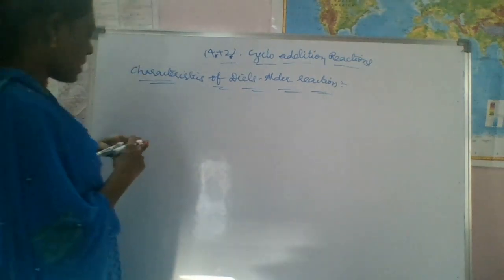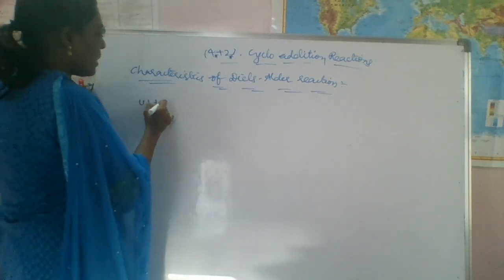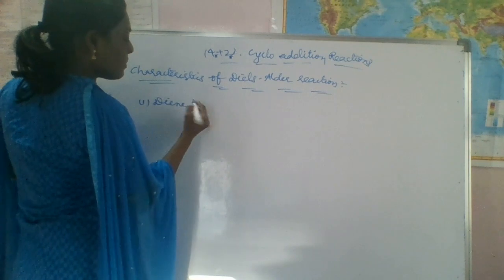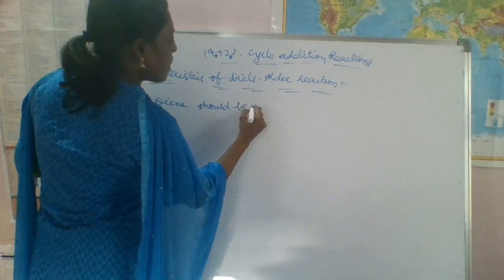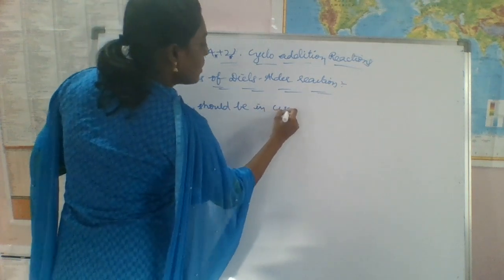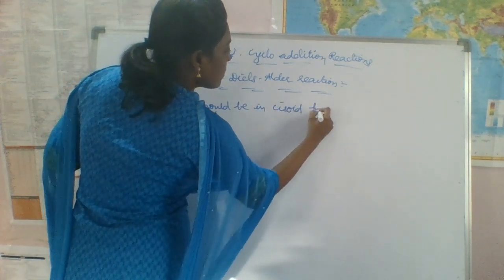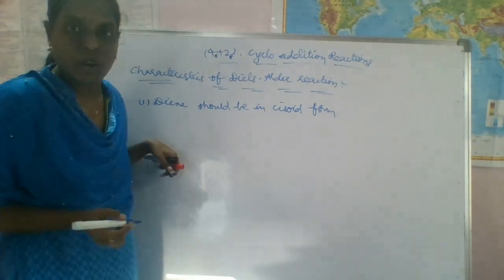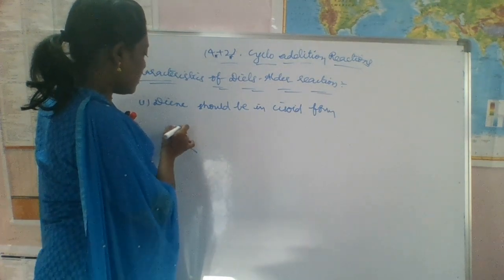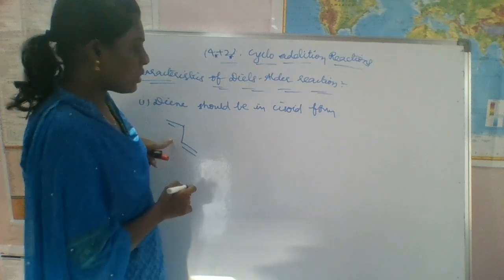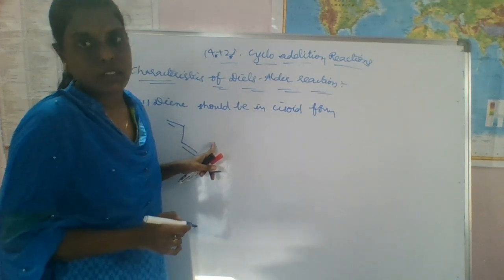What is the second one? Diene should be in cissoid form. Cissoid form, right? Cissoid form means if you take like this, it will not give any product, right?